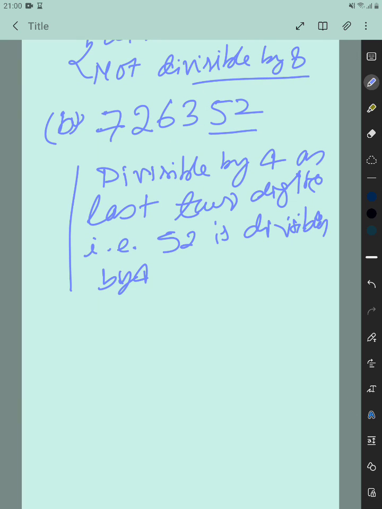Now we'll test 352, because we need to test the divisibility by 8. What we find is that 352 is divisible by 8.